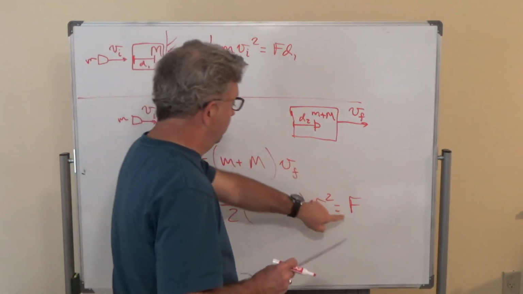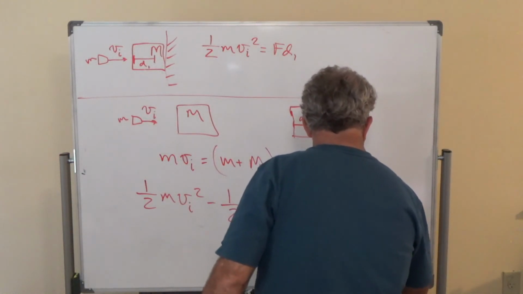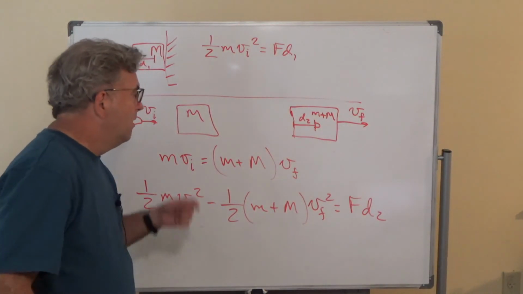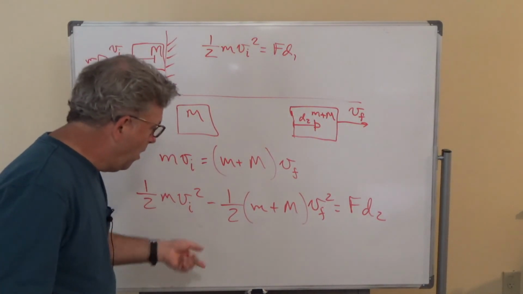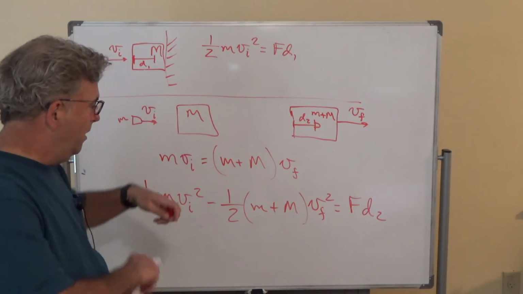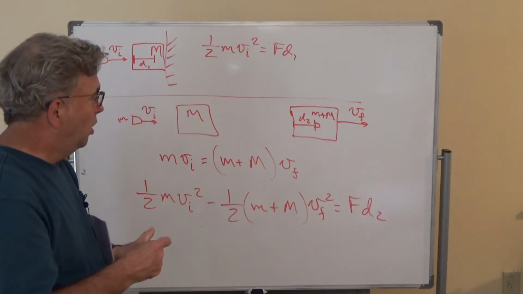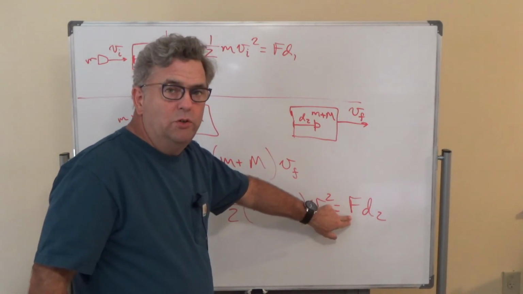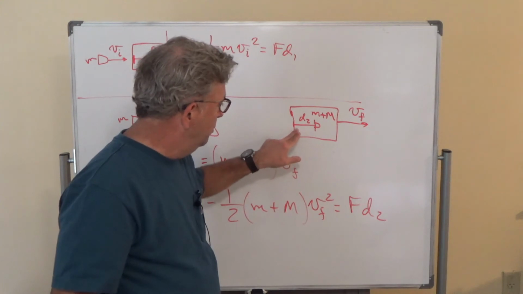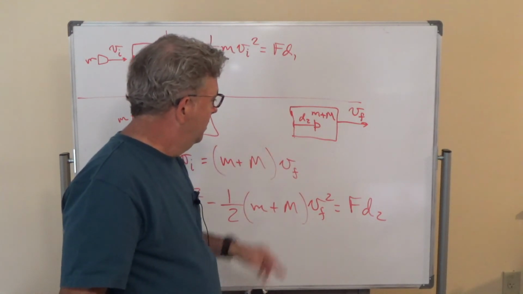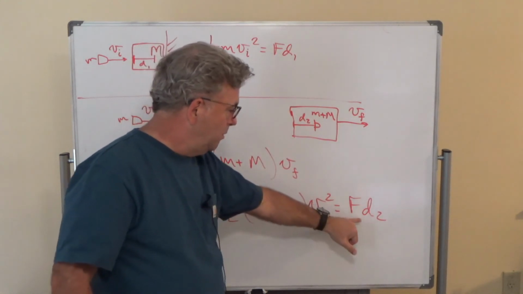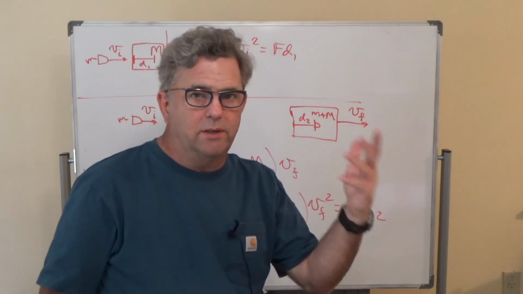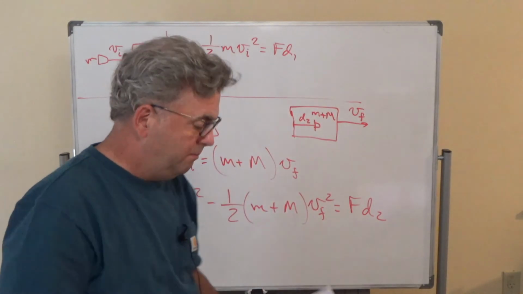I'm assuming these two forces are the same, D2. The work done on the losses, I'm lumping them into F times D2 here. This bullet penetrating, there were losses, there was some work done. That's where the loss was. It went into heat, it went into whatever, okay?